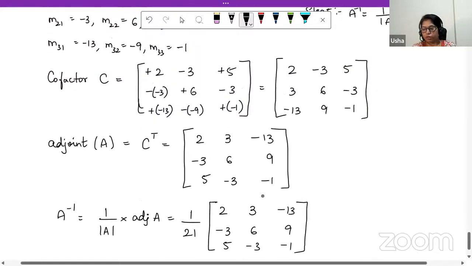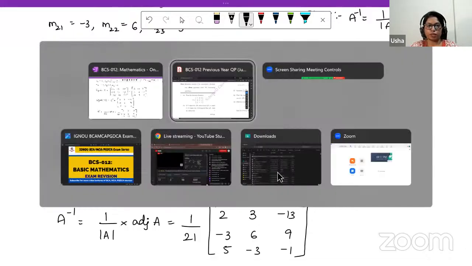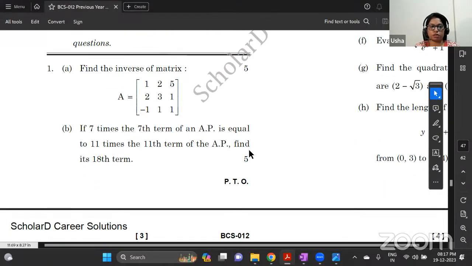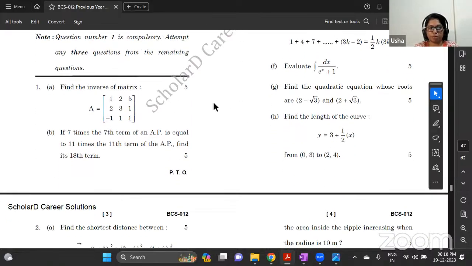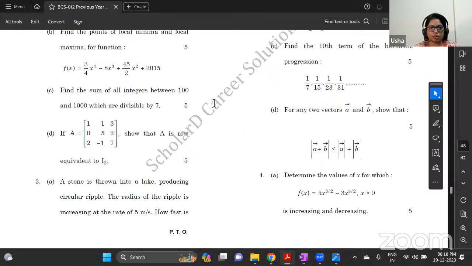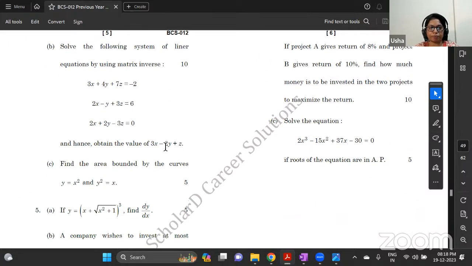Any questions so far? So from the topics that we have discussed so far, see December 2021 paper, inverse of a matrix, 5 marks. And then here A is row equivalent to I3. So basically you need to find out I3 and then show that it is equivalent. And that is 5 marks.